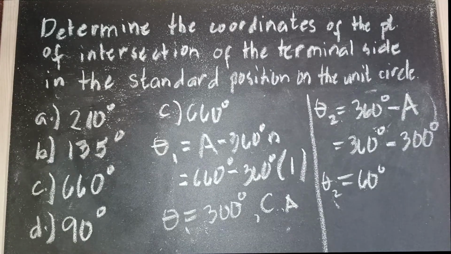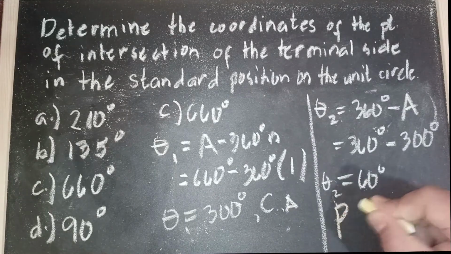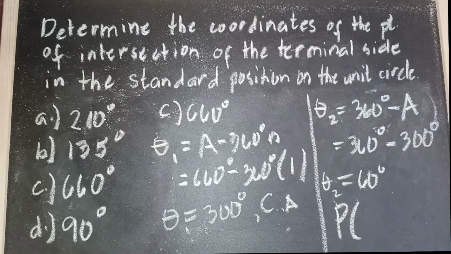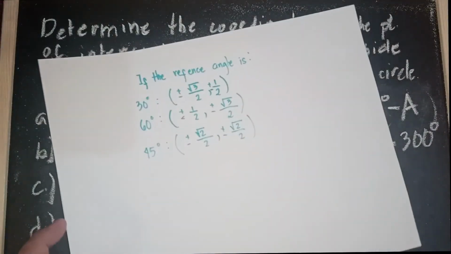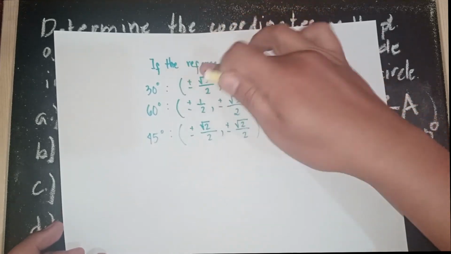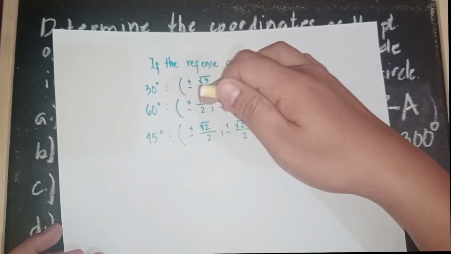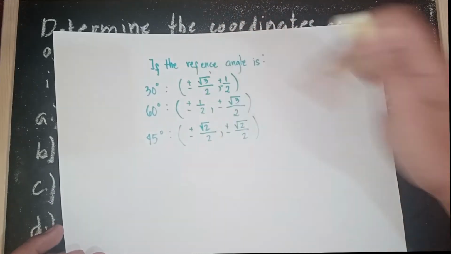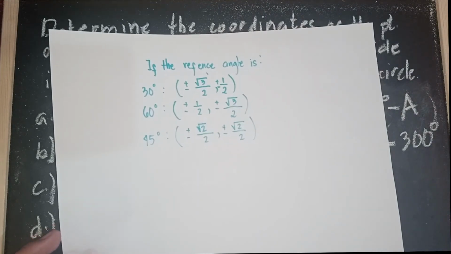So again, we can now identify the coordinates of the terminal side of 660 degrees on the unit circle. This is what we will use for 60 degrees: positive or negative 1/2, positive or negative square root of 3 over 2.